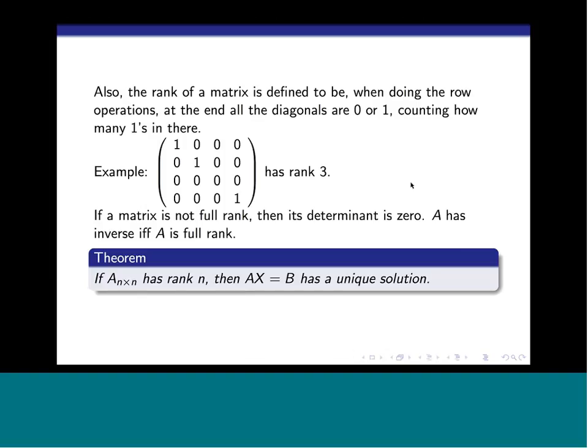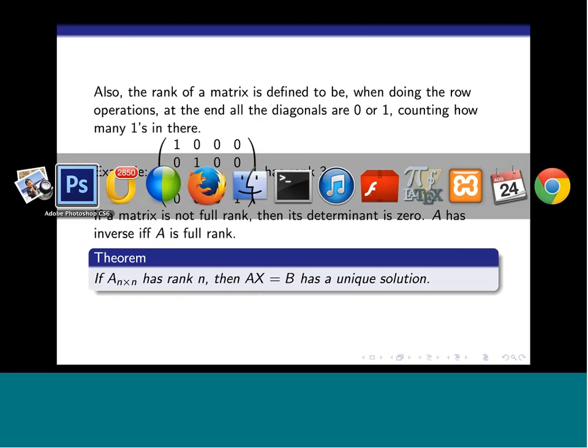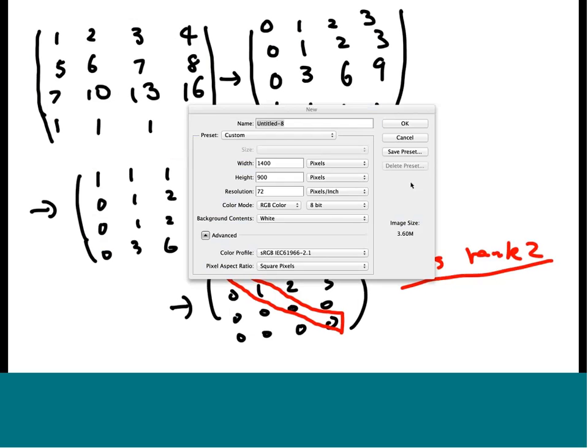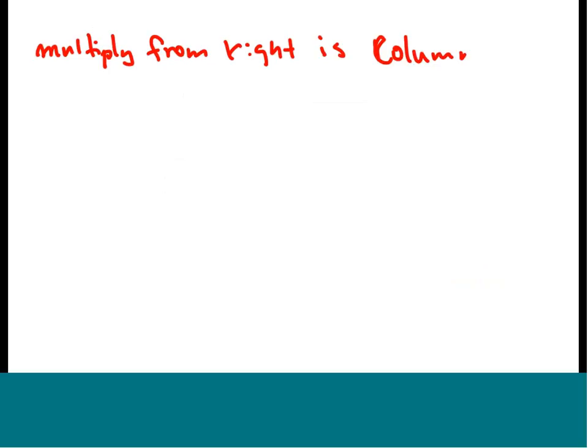Another thing I never mentioned is the column operation. To do it, you multiply from the right to use column operations.